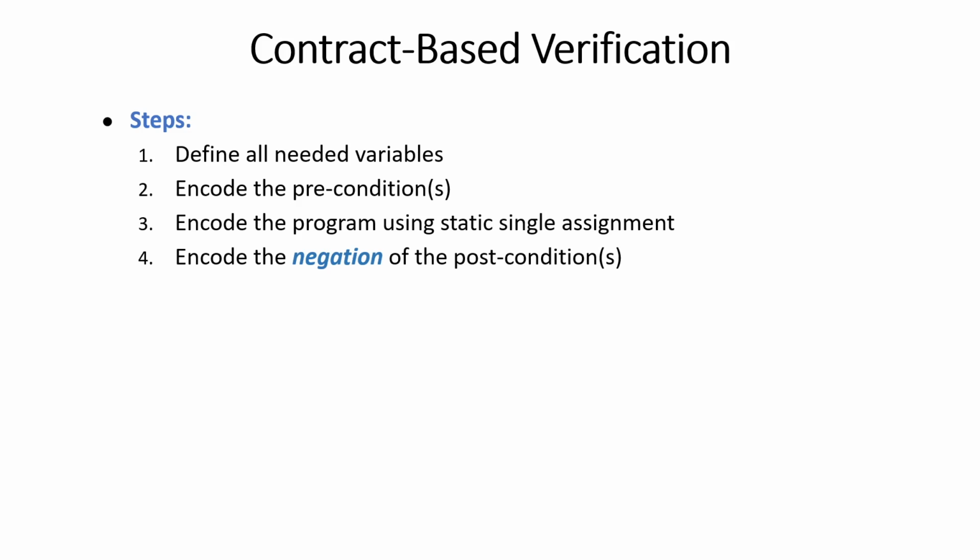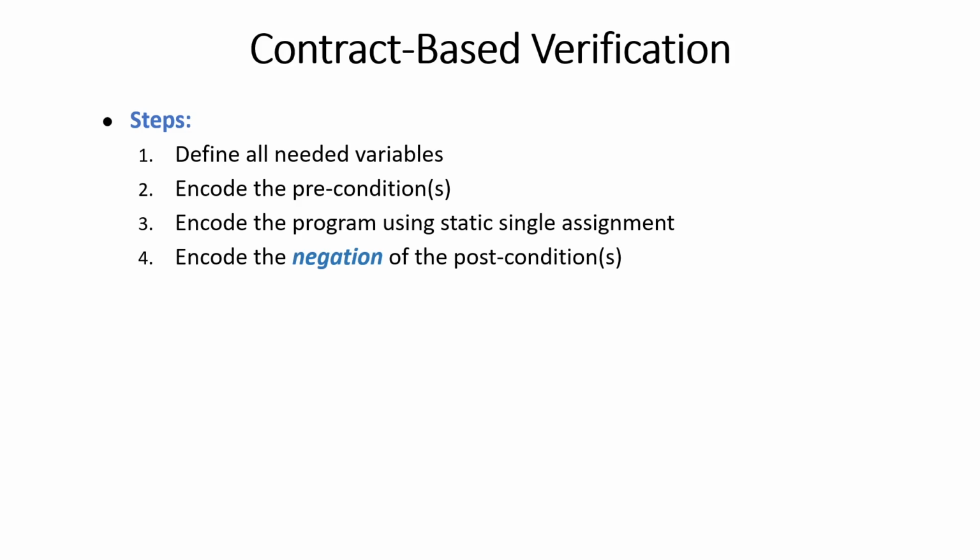We don't need to verify anything. Then we encode the behavior of the program, and then we have the negation of the post condition. So what am I going to get as a model? It's a model that satisfies the precondition, but does not satisfy the post condition.